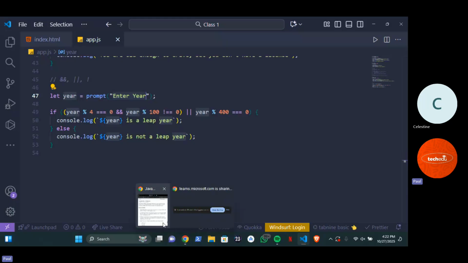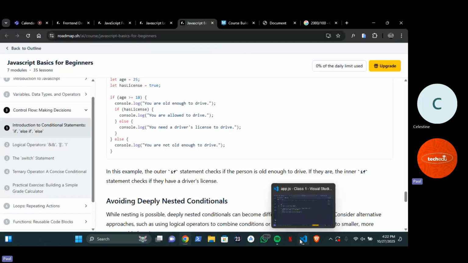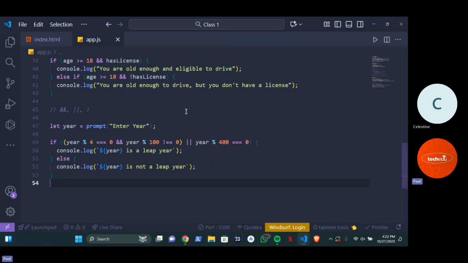Try it out. So it should work now. It worked. You got the leap year. How did you do it? Okay, that prompt. Okay. Everybody understands this. Let me see what they say.